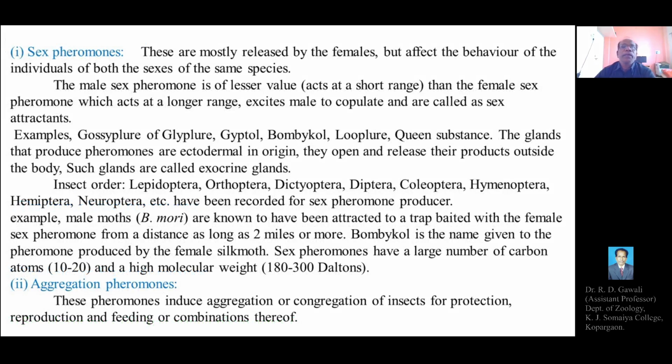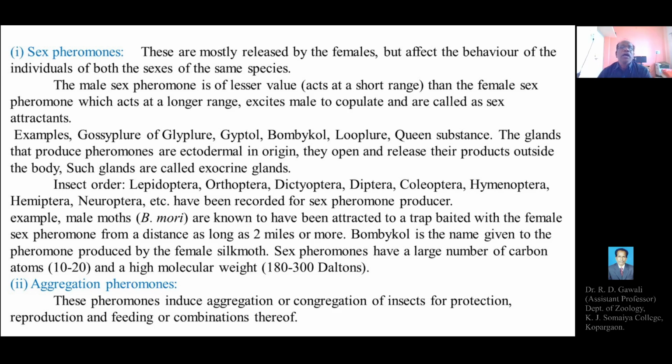Then first we'll explain the first type of pheromone, that is the sex pheromones. These are mostly released by the females. Sex pheromones are mostly released by the females but affect the behavior of the individuals of both the sexes, that is males and females of the same species.